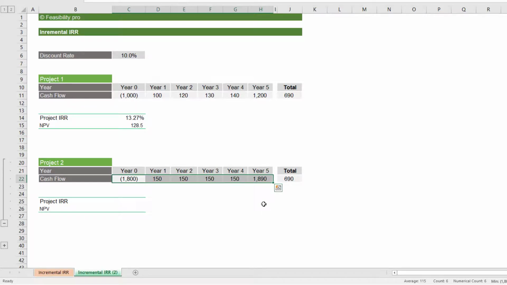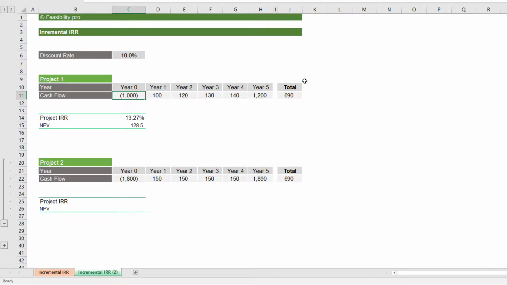If you look at this cash flow, you don't have to do much analysis, but just for the sake of analysis, we will do it. Although you can see that I'm investing 1,000 and my net is 690, whereas I'm investing 1,800 and still my net is 690. So obviously I should be taking this project without any further analysis.